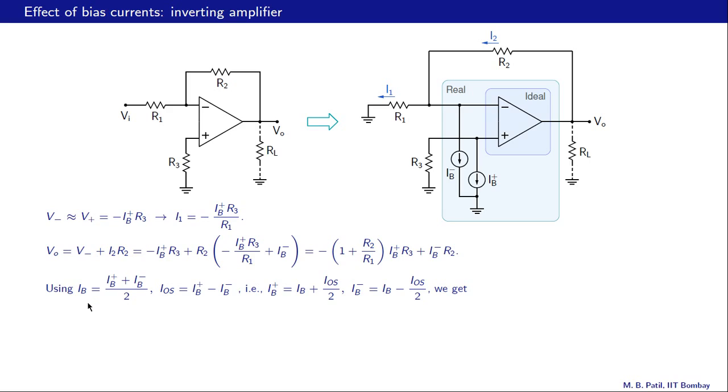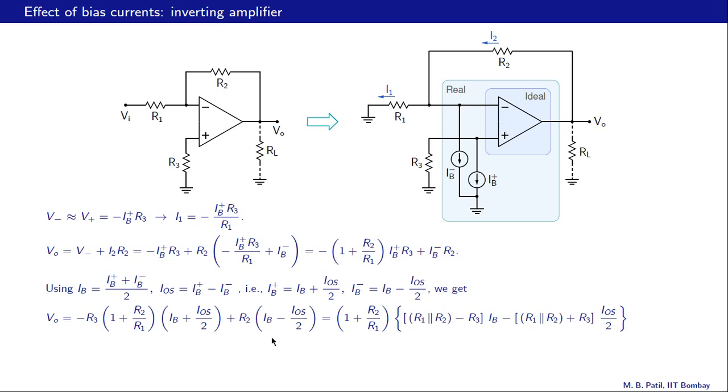And from these equations, we obtain IB plus as IB plus IOS by 2 and IB minus as IB minus IOS by 2. Now we can substitute these expressions here, and then we get all of that, which can be rewritten in this form.